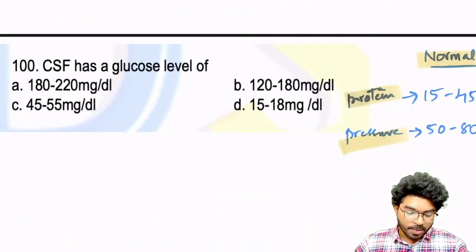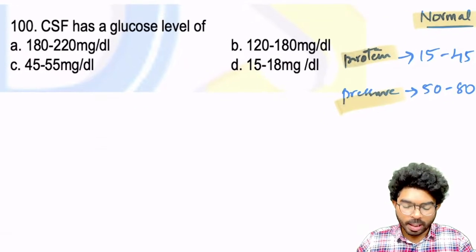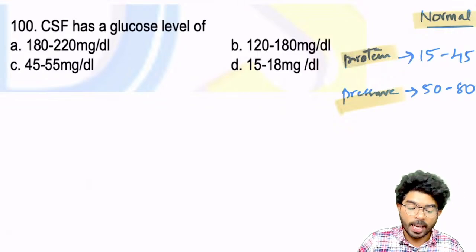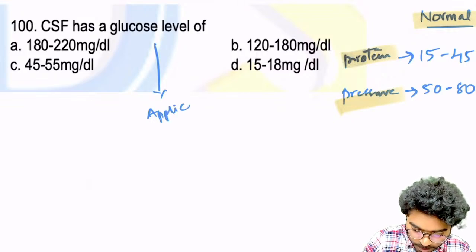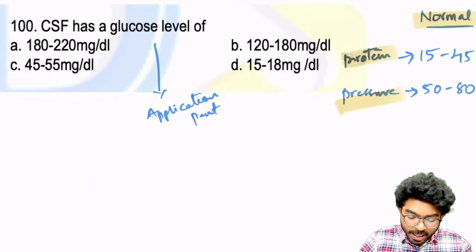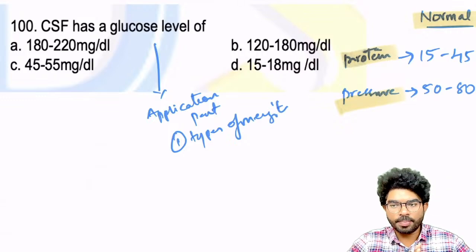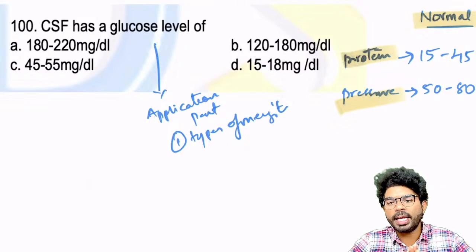Then coming to the next one, CSF fluid glucose levels are very, very important. Reason one, it is used in the application part. Application part one is to identify the types of meningitis. Meningitis is caused by different etiologies. It can be fungal meningitis, viral meningitis, or bacterial meningitis, very specifically TB meningitis.